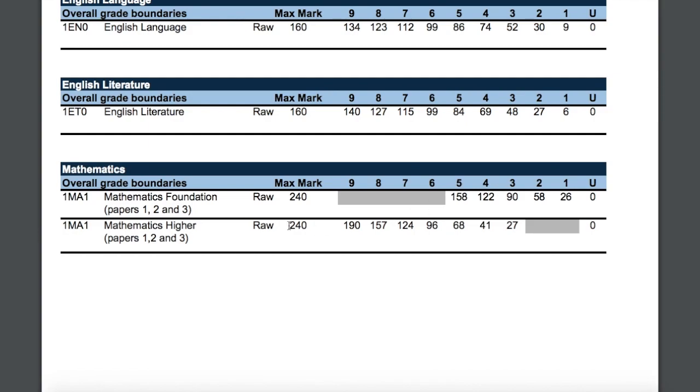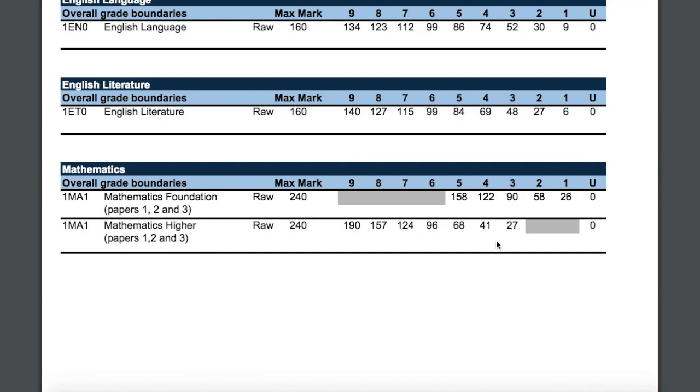Then in the higher papers, the lowest grade you could get was a 3. To get that grade 3 you needed 27 marks, 41 for a grade 4, so you need 41 marks to get a pass in the higher tier. And the exam boards came under a bit of criticism for this.